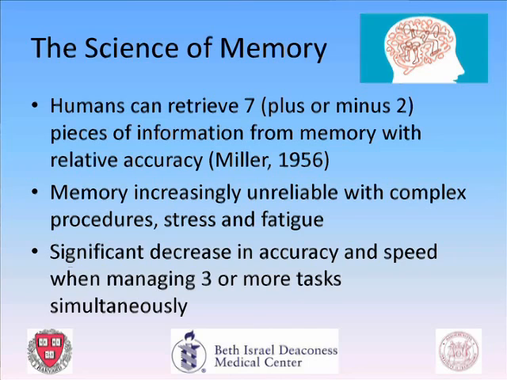So the memory, we know, increasingly becomes unreliable with complex procedures, stress, and fatigue. And it also significantly decreases in accuracy and speed when you're managing 3 or more tasks simultaneously, which is not uncommon among nurses and doctors and pharmacists and other people who work in the healthcare industry.